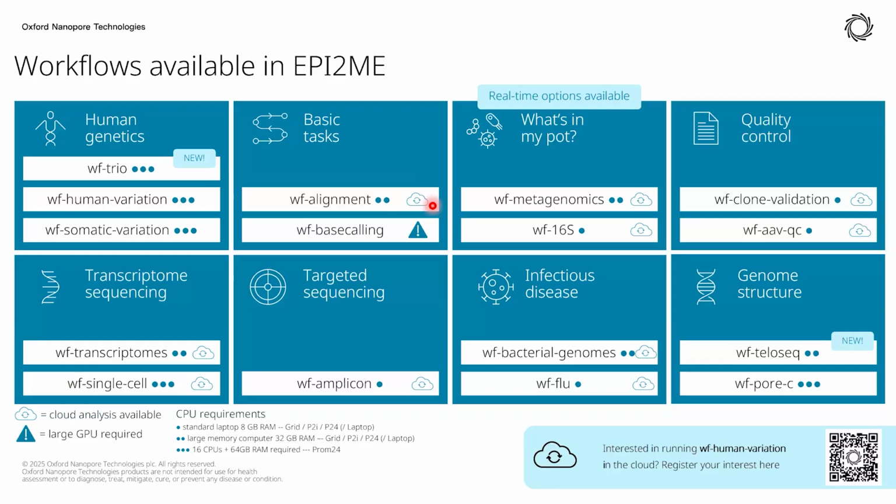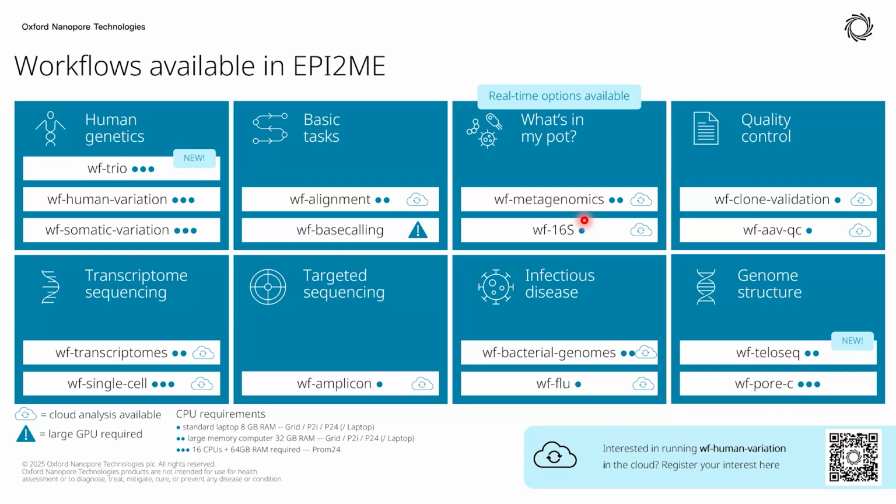For metagenomics, we have a metagenomics and a 16S workflow. One is for a shotgun metagenomics approach, and one is for the targeted amplicons of the 16S, 18S, or ITS genes in your samples.